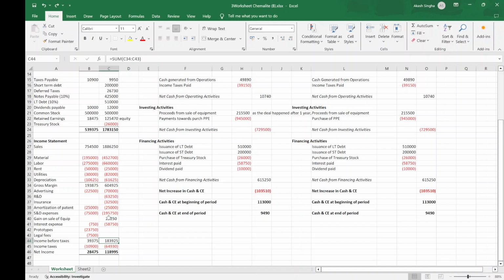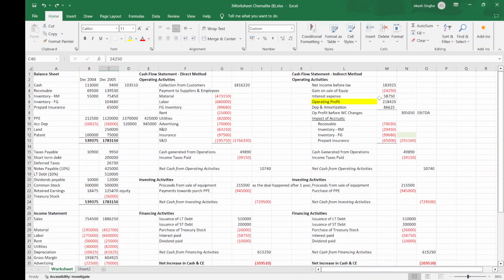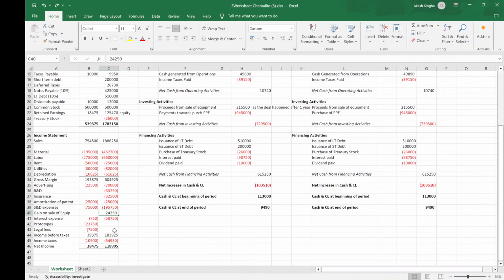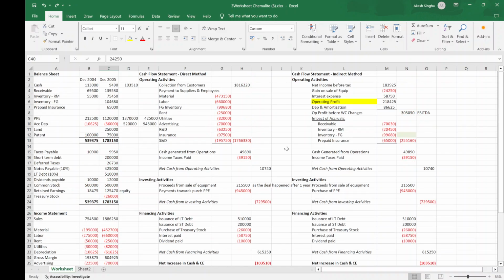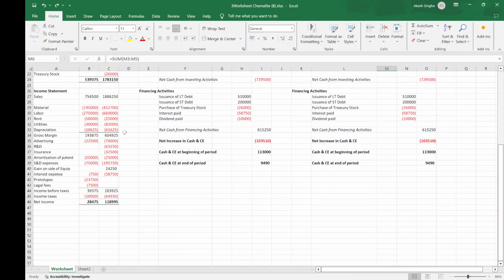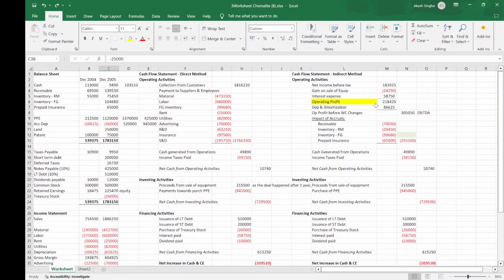So I'm removing it, and then adding back the interest expense to get the operating profit and then adding back the DA. DA is given as depreciation is this much, amortization is this much, addition of the two is our DA. We are adding that back and got the EBITDA.